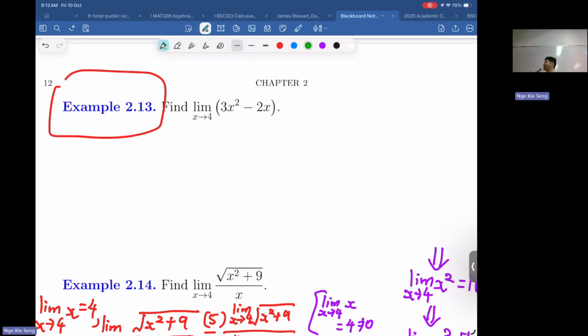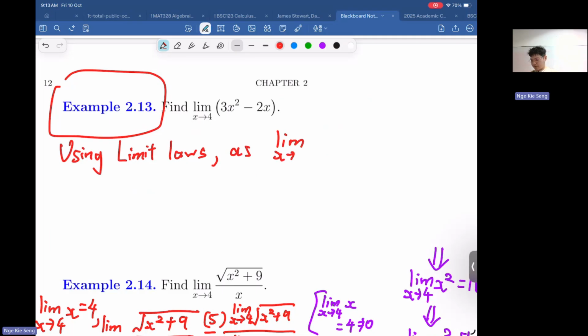So that's why we can split everything out. Let's use the limit law, as we know that the basic function x goes to 4 when x approaches 4. So we can split them up.